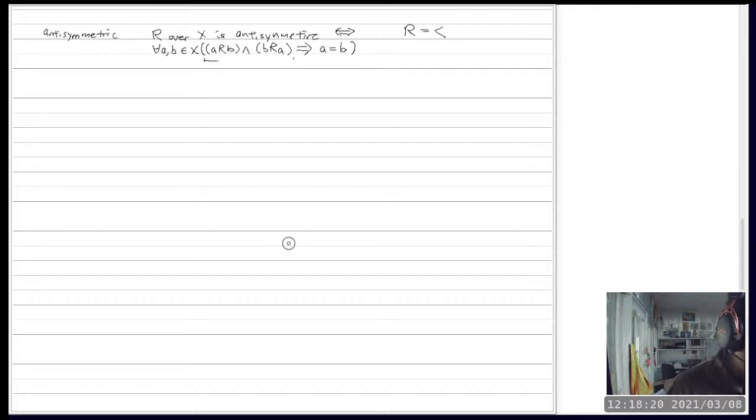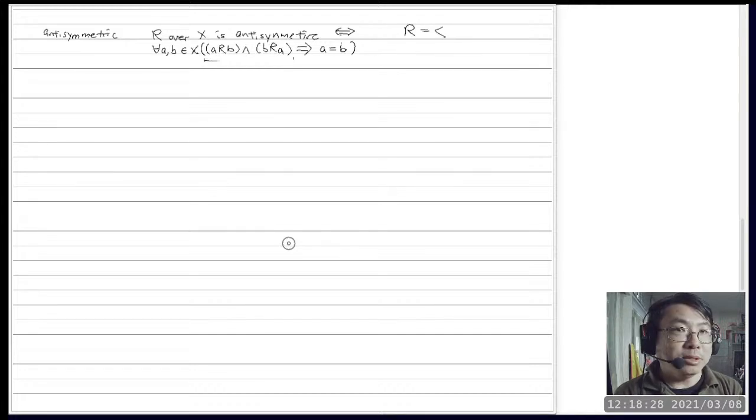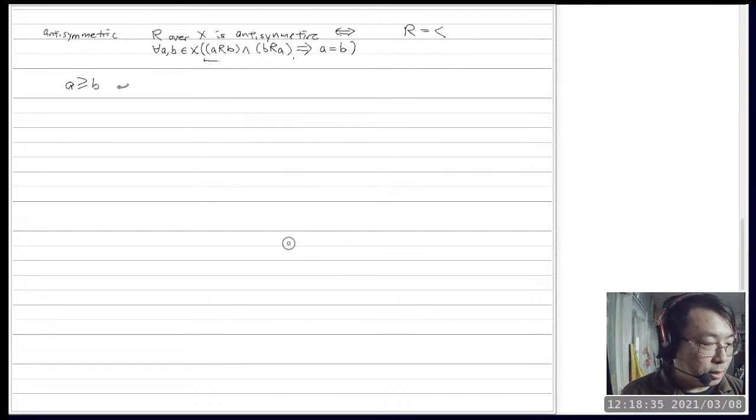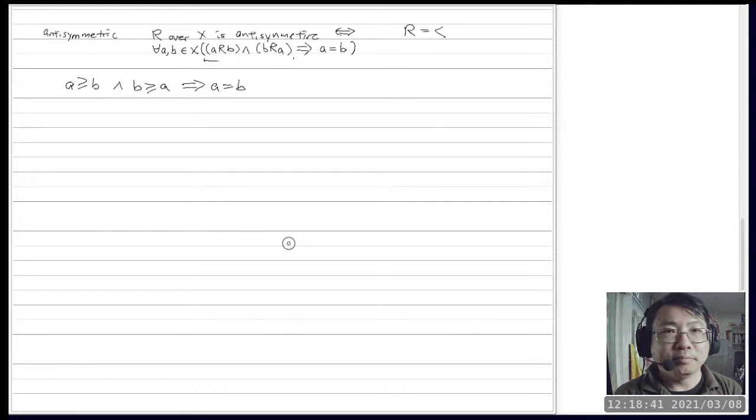In other words, we can find certain cases where A is greater than or equal to B and B is greater than or equal to A, but that happens only when A and B are the same. Think about it: A is greater than or equal to B and B is greater than or equal to A does imply A and B are the same. Does that work?